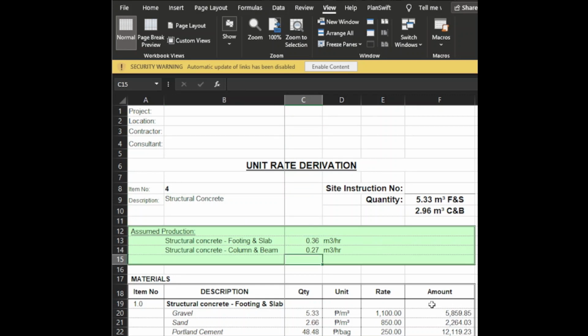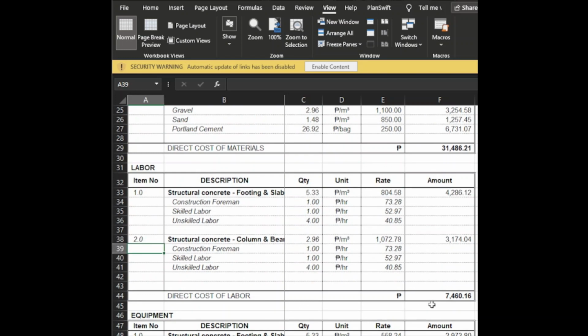So in the next videos that we will make, we will have maybe 4 or 5 items in one page. Just like if we have a culvert, then our unit price is, we need a unit price per meter, and we will include already there the excavation, the backfilling, so we will put it in one page.